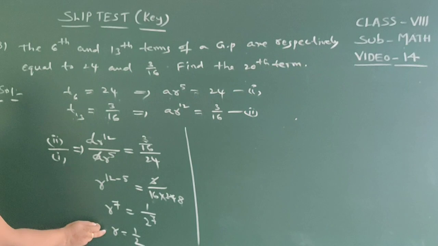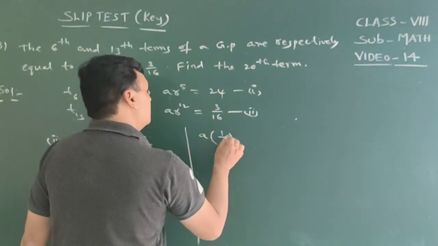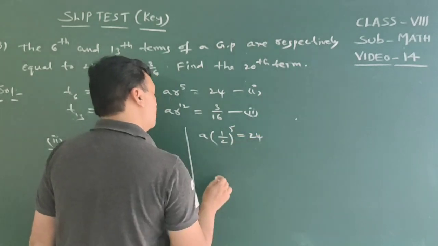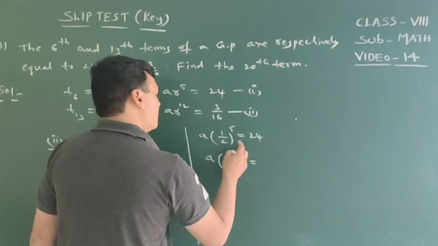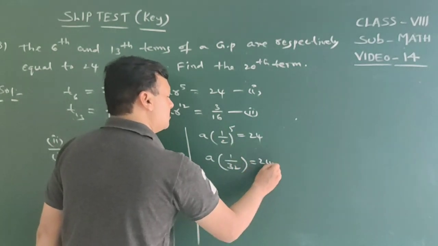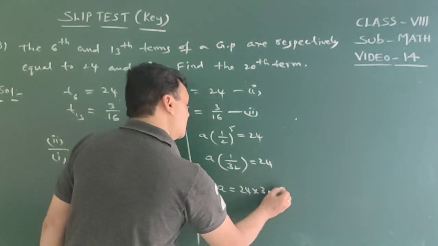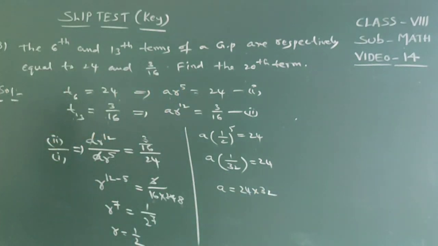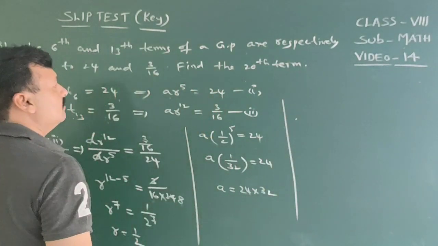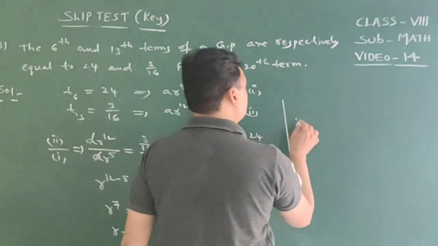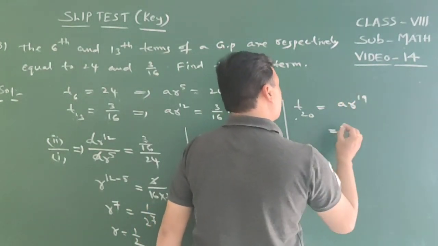With the help of r, here a into 1 by 2 power 5 equal to 24. 1 by 2 power 5 means 1 by 32, equal to 24. Then a equal to 24 into 32. So you want the 20th term, means T20 equal to a r power 19.